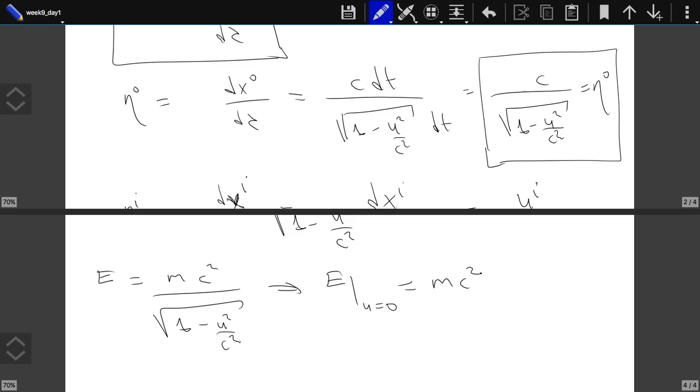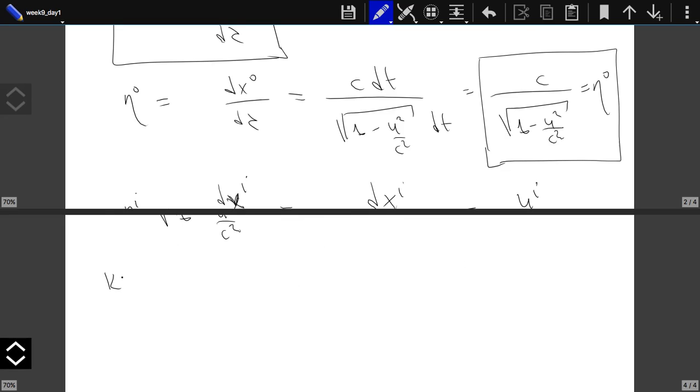Now, when we talk about kinetic energy, we usually understand the energy due to the motion of the object. But this mc squared is not due to the motion of the object. So if you want to define the kinetic energy, we define it as mc squared over the square root of 1 minus u squared over c squared minus mc squared.